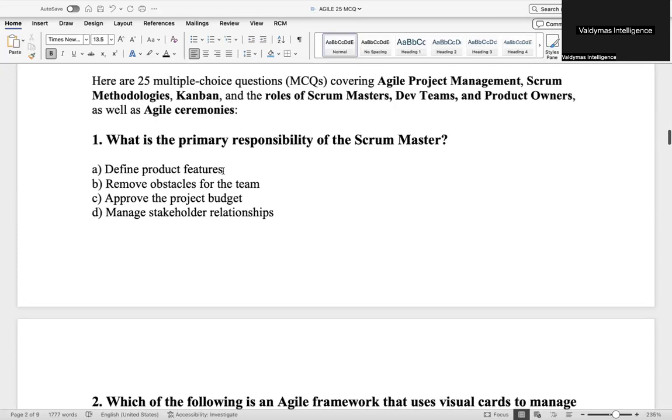This one says, what is the primary responsibility of the Scrum Master? Define product features, no. Remove obstacles from the team, yes. Approve the project budget, not quite. Manage stakeholders relationship. Primary, I'll take D. Okay, why do you want to take D?